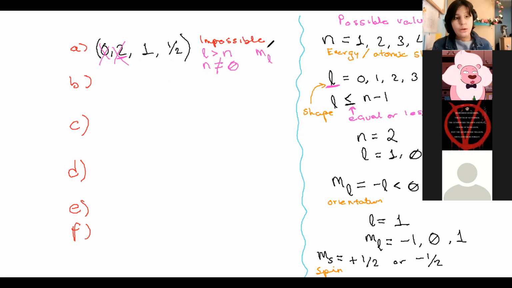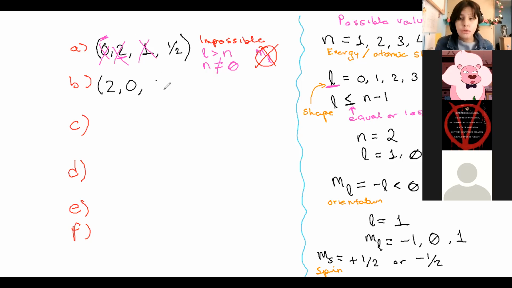Well, no, right? It's completely impossible. This is also impossible automatically. If this is impossible, the rest are already impossible. So, any questions so far? No. Let's go over to the second one.